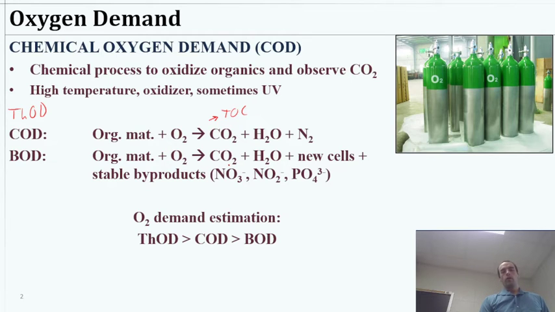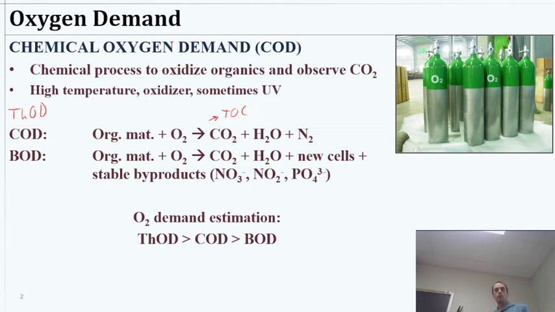These microbes are also going to not just produce CO2 and water, they're also going to be making new cells. They're also going to be releasing some stable byproducts in doing that. So they might take organic phosphorus and turn it into phosphate, for example, releasing some nutrients. Of course, they'll be using some of that as well, depending on what's limiting.